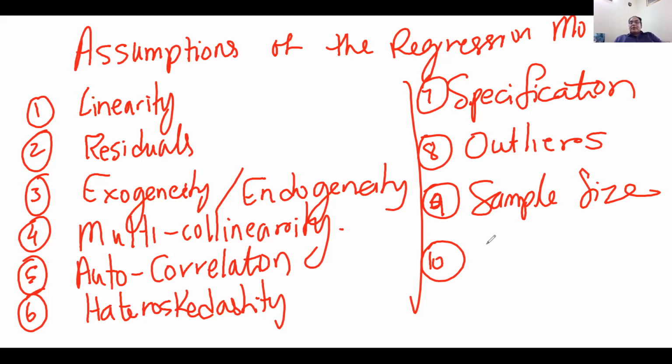Then Y and X. So these are the 10 important properties or assumptions of the regression model, which we are going to cover in the coming sessions. First of all, I will explain linearity, then residuals. One by one, I will explain, so let me explain the concept of these.